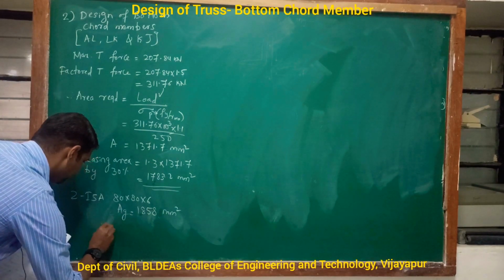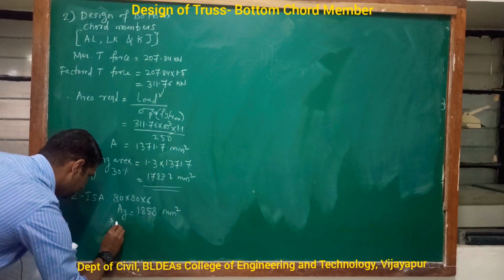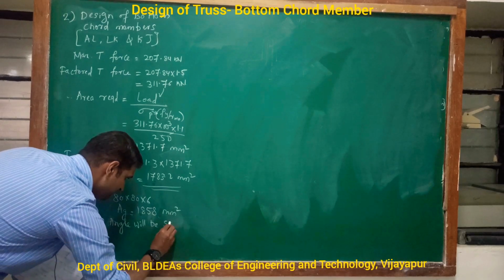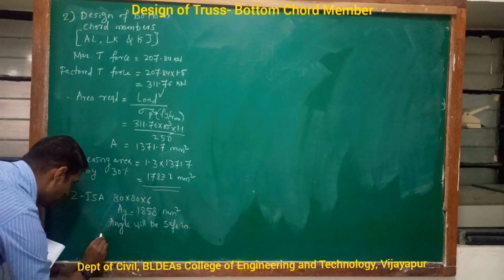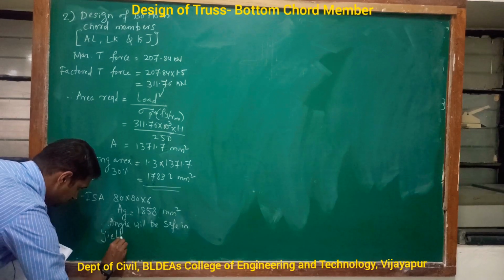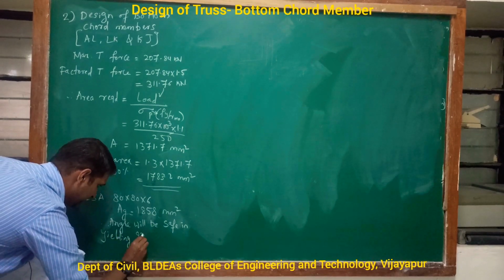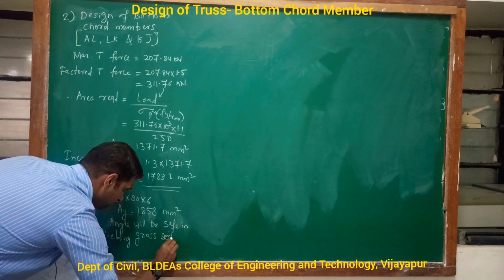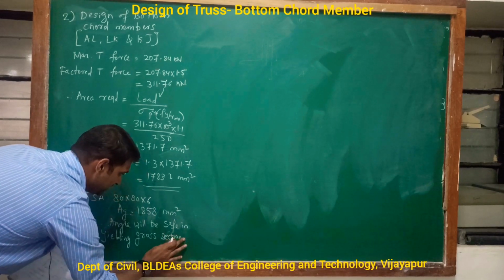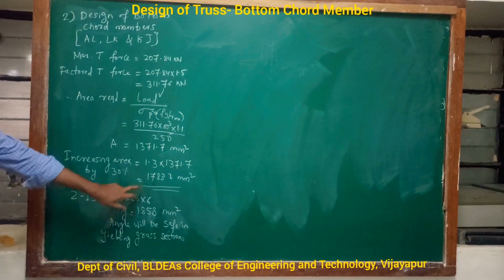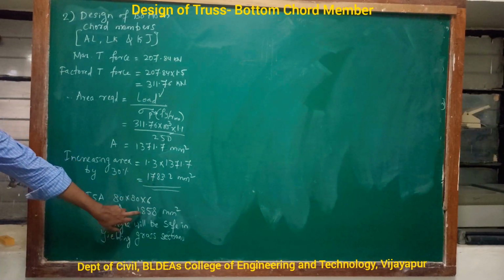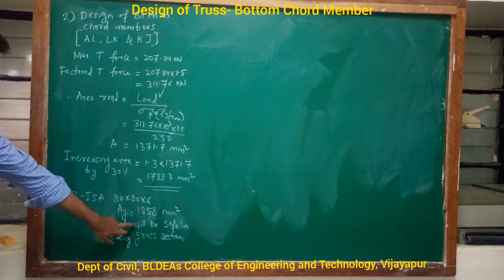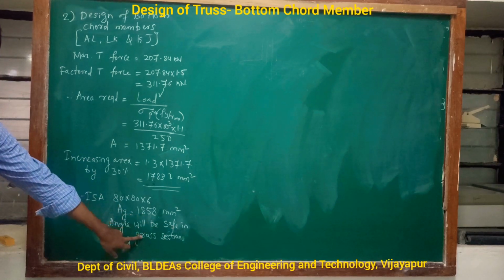So therefore your angles will be safe in yielding of gross section. That step can be skipped here, because this is the area required and this is the area we have adopted, which is greater than the required.